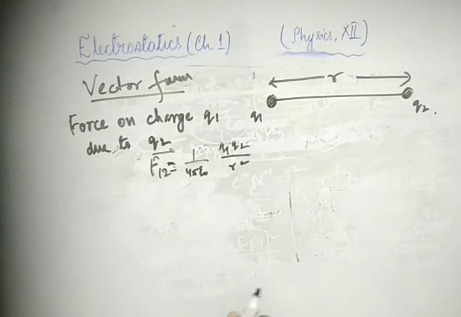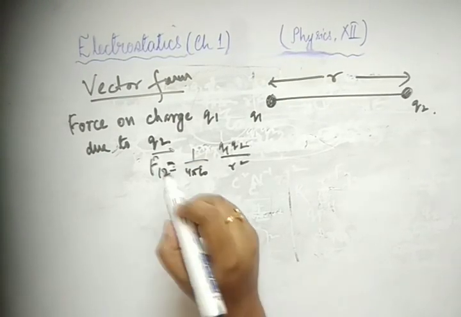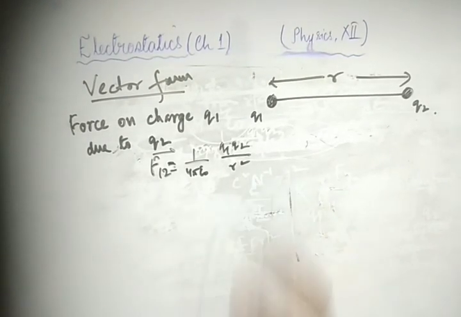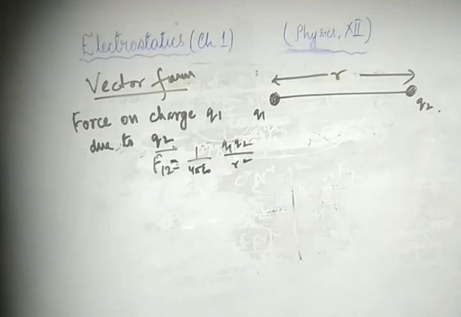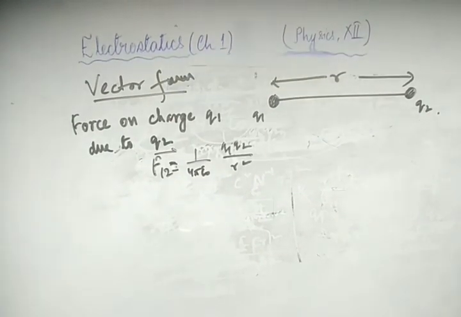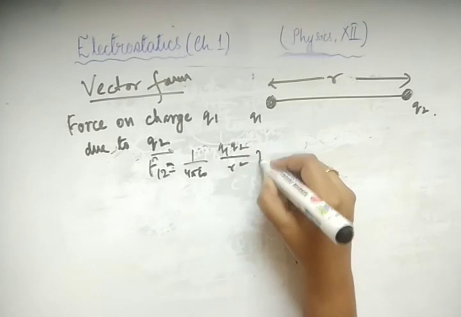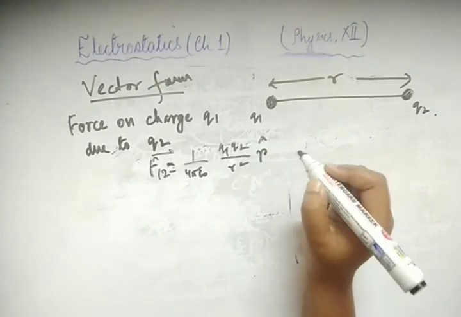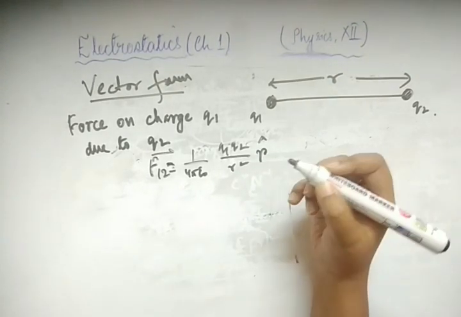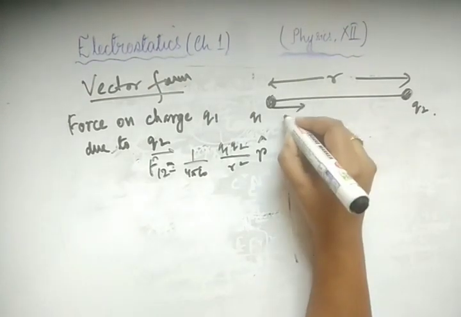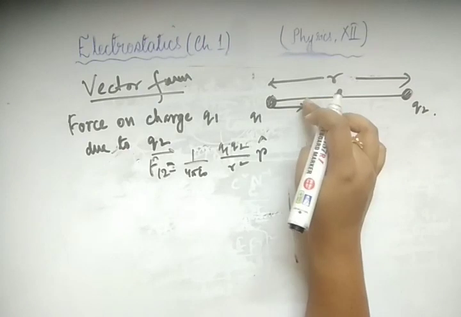If we put a vector sign on the left hand side, on the right hand side also you should put something vector. So here we can take a unit vector. Suppose let us take a unit vector in this direction.